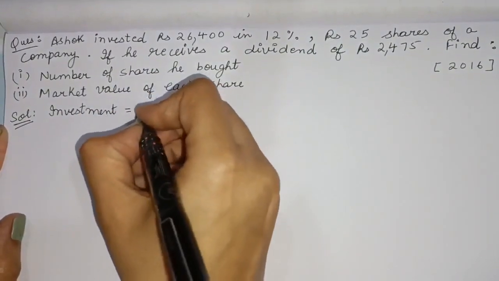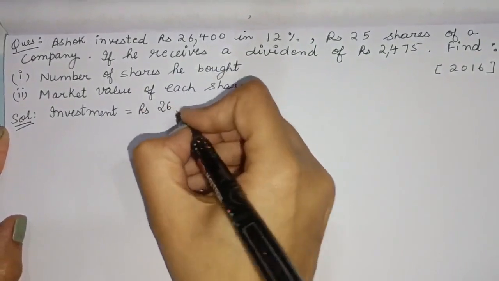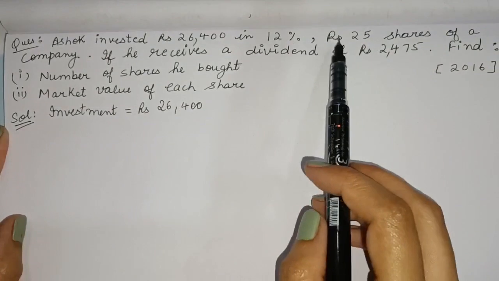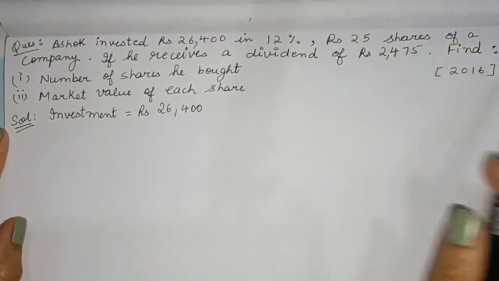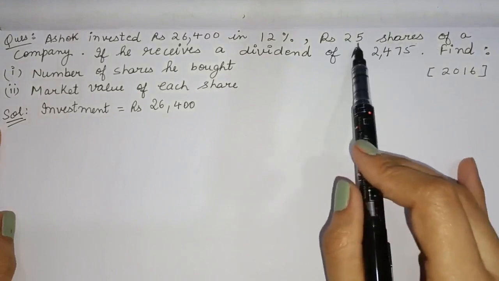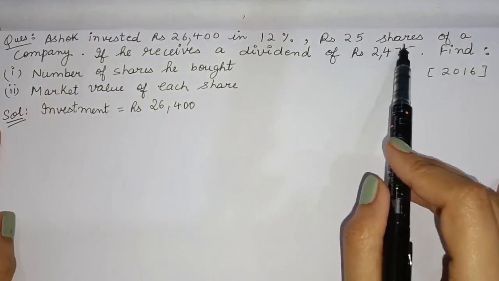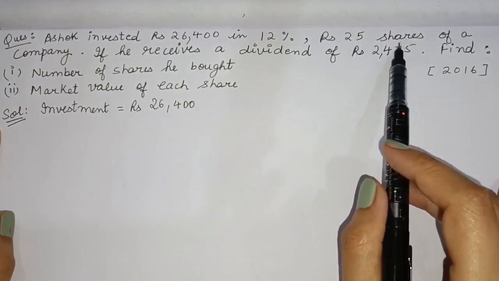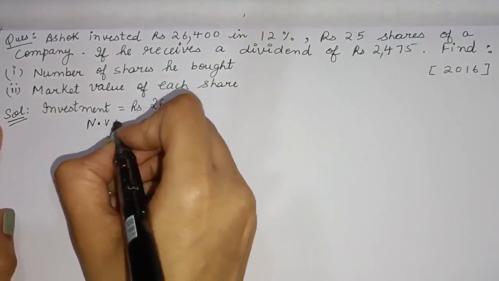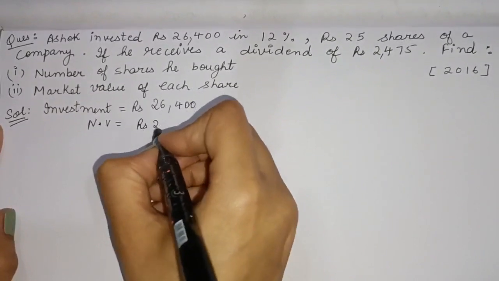So investment is equal to rupees 26,400. Rupees 25 shares: the cost which is written immediately next to the shares, rupees 25 shares, is always the nominal value. So nominal value is given to us. Nominal value is rupees 25.